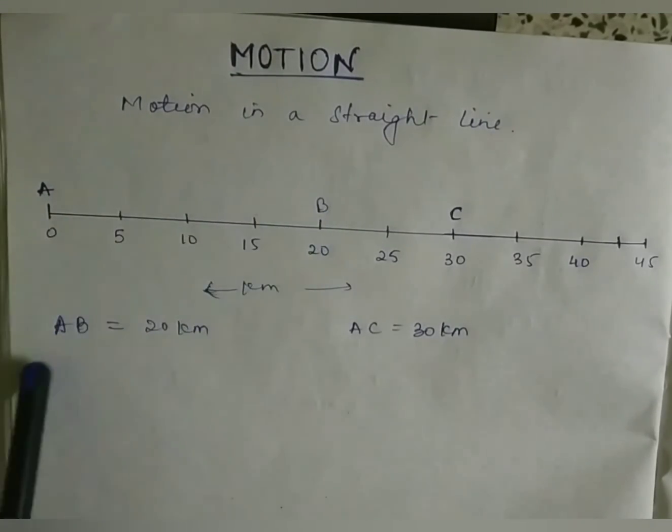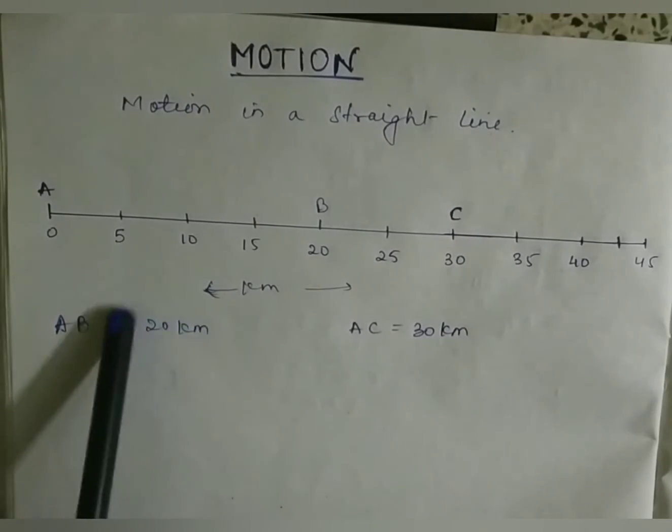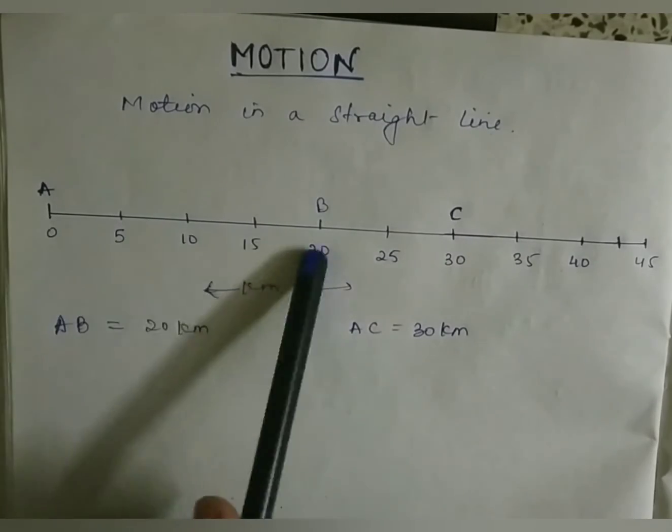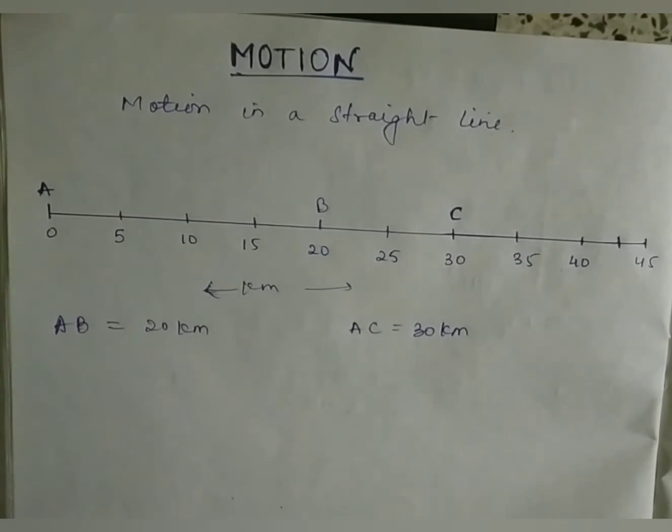Simply, it is 20 kilometers. With the help of this number line, we can say that the distance traveled by you from point A to B is 20 kilometers.